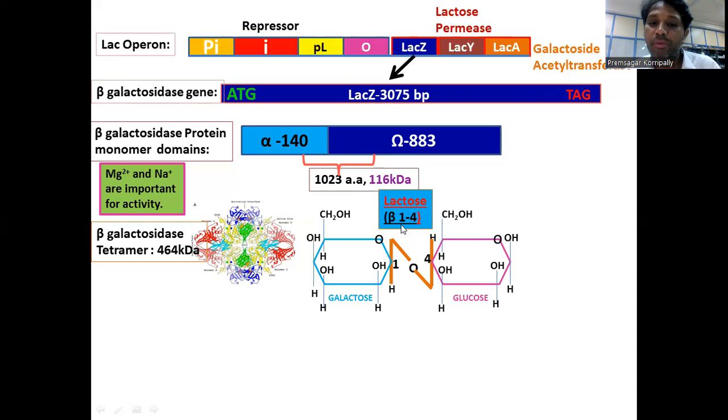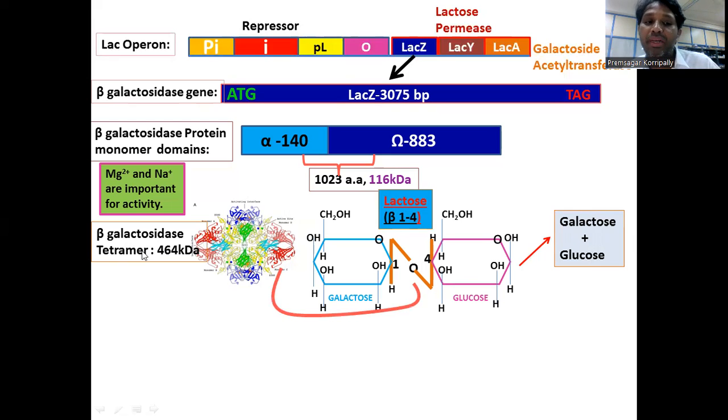The beta galactosidase enzyme acts on the beta 1,4 glycosidic bond and converts it into two moieties, galactose and glucose.